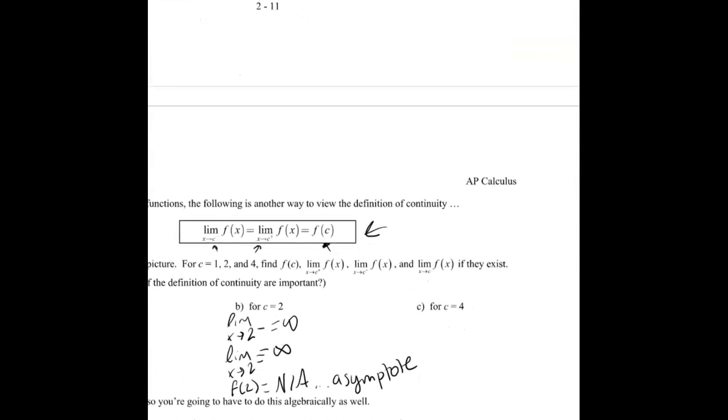Alright, and then finally at c is equal to 4, again I'm just going to go straight in. Instead of saying limit as x approaches c, I'm just going to plug in that 4. So the limit as x approaches 4 from the left, the limit as x approaches 4 from the right, and the actual value of f of 4.